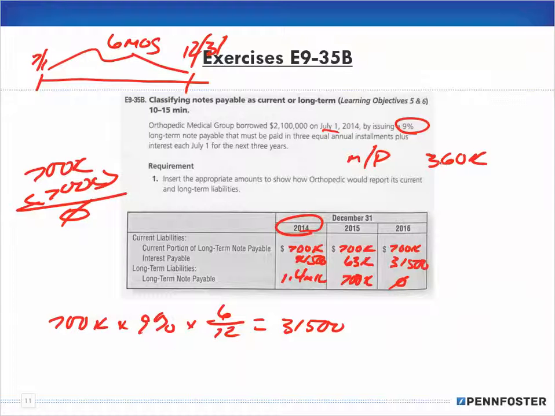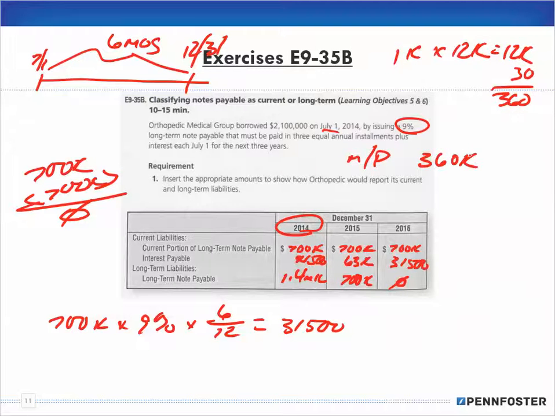Let me do it like this: $1,000 a month times 12 is $12,000 a year. And if that's for 30 years, that's 360,000.